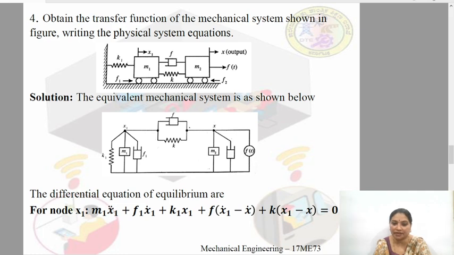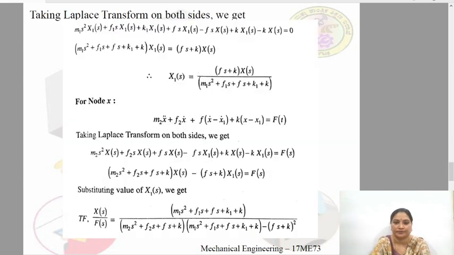Also we have to write, keeping in mind the damper and the spring which are attached to the node x1, plus f (x1 dot minus x dot) plus k (x1 minus x) is equal to 0. Now the damper and the spring which are in between x1 and x also have to be considered while we write the equation for the node x.